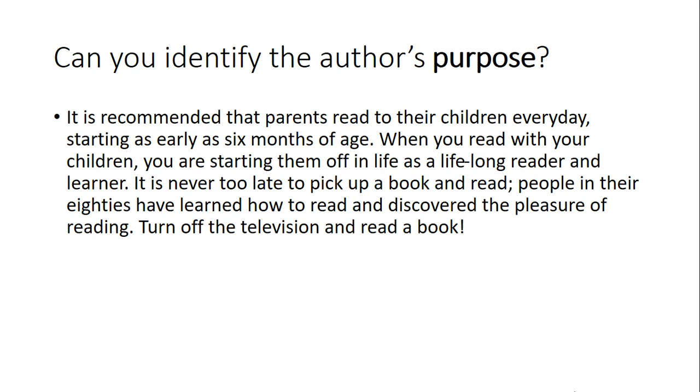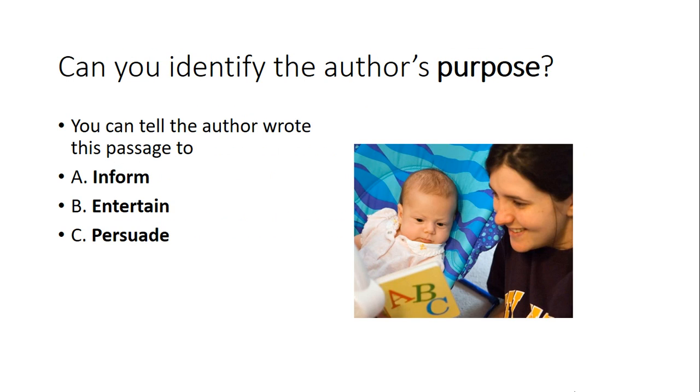All right. So, can you identify the author's purpose? If you thought that the author's purpose was to persuade, you are correct. And this author is using an emotional appeal to do the right thing.